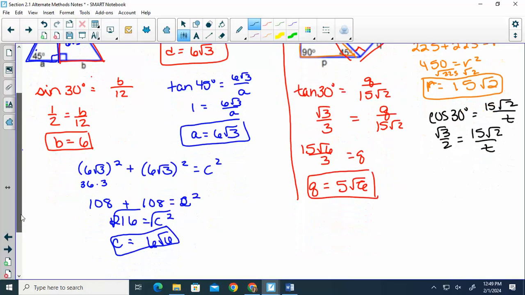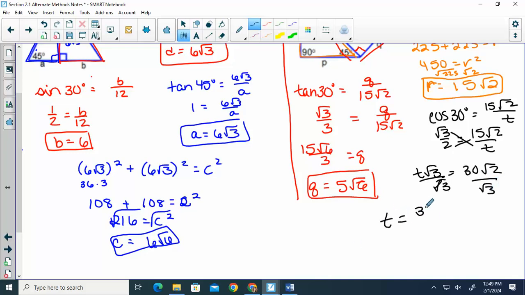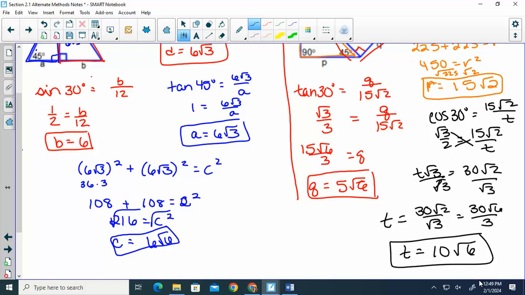Okay, if you cross multiply, we get t radical 3 equals 30 radical 2. Can't square, but we could divide by the square root of 3. So t is 30 radical 2 over radical 3. Can we leave it like that? So if you multiply by radical 3, 30 radical 6 over 3, or 10 radical 6. Lots of practice with your radicals.